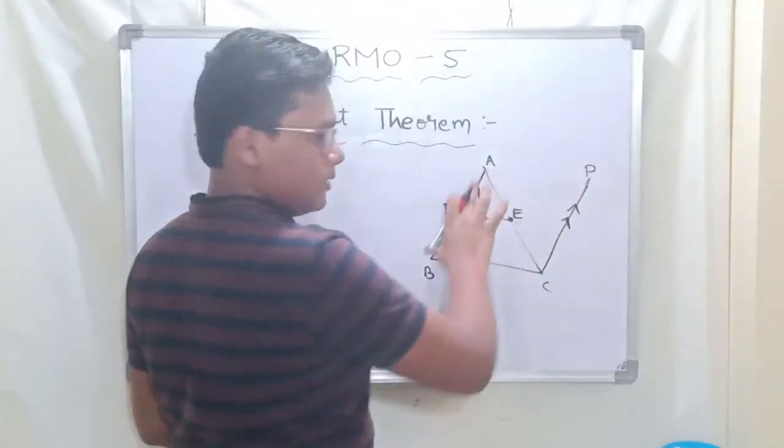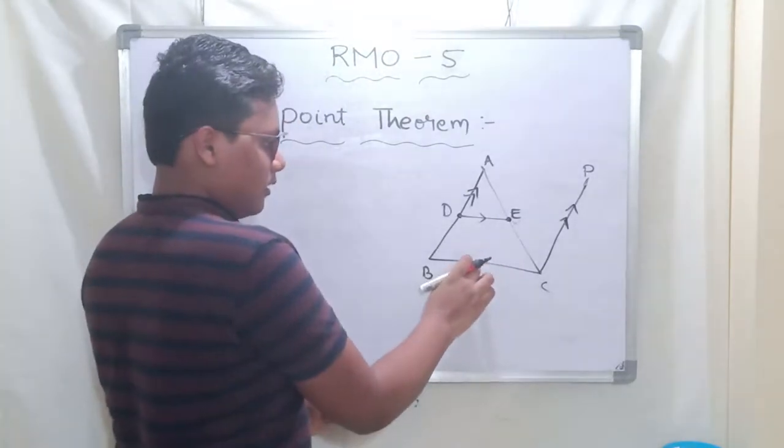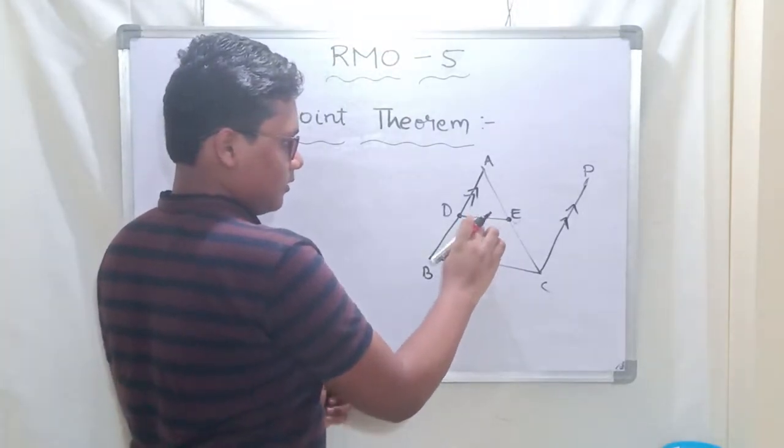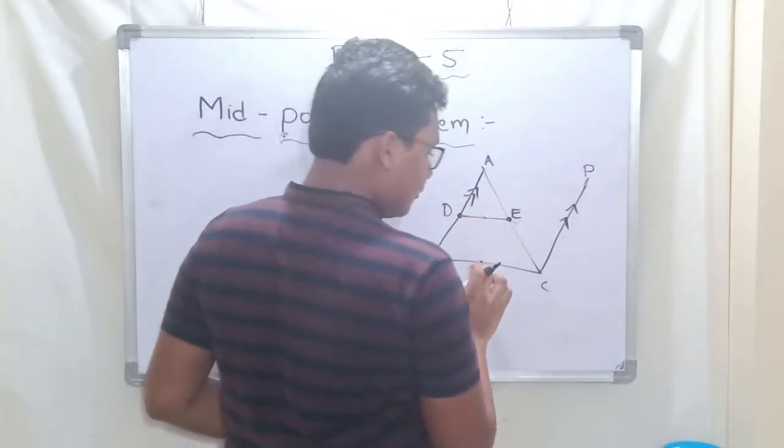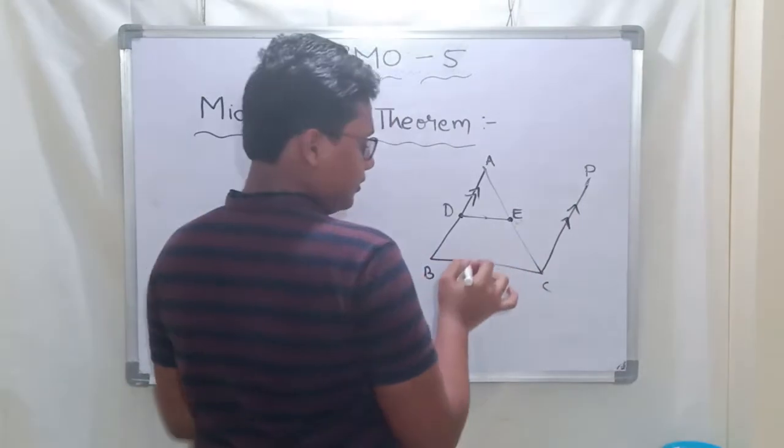We need to prove that DE is parallel to BC. This is not parallel yet, but we need to prove it.